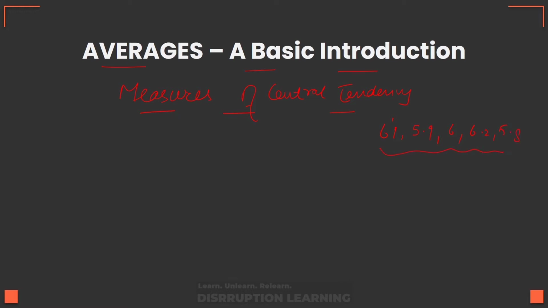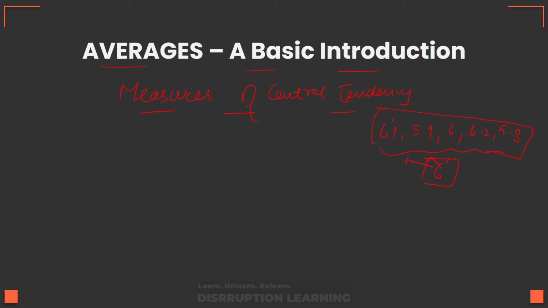Without using any mathematical calculation, if you had to say what one number represents this whole group, you can say that all the boys are somewhere around 6 feet. Some are greater than 6 feet and some are smaller, but they are around 6 feet. So 6 feet here is a central tendency, a central figure that represents the group of these 5 people.